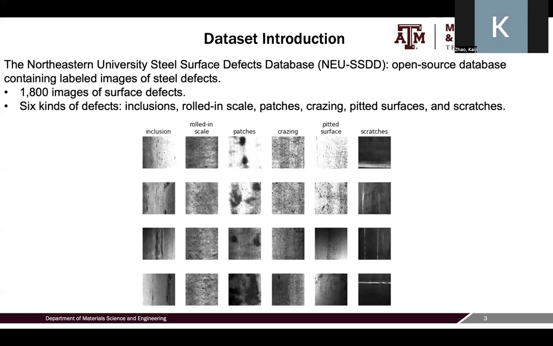The database consists of 1,800 images of the surface defects observed on samples of hot rolled steel. The images are evenly divided into 6 classes, which are inclusions, rolled-in scale, patches, crazing, pitted surface, and scratches. All images are the same size and format, making them very convenient for further analysis.